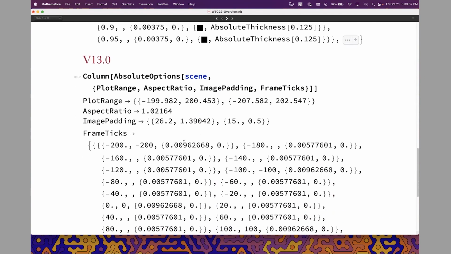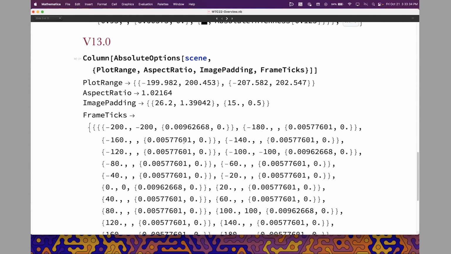If we look at a newer version, version 13, and we ask the same information, we get plot ranges that are basically about -200 to 200 in each direction. The aspect ratio is not quite 1, it's a little bit over, corresponding to the more accurate plot range. We have actual numbers for the image padding.